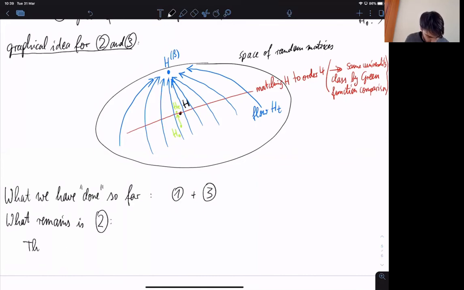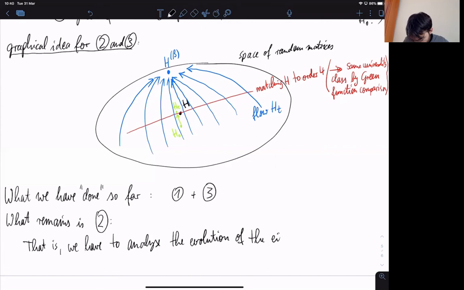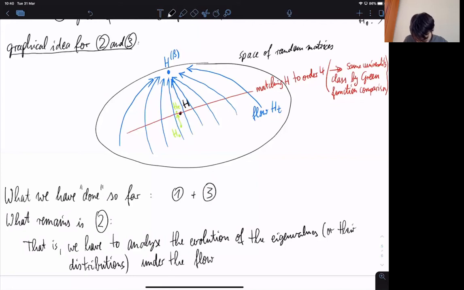That is, we have to analyze the distribution of the eigenvalues under the flow H_t.